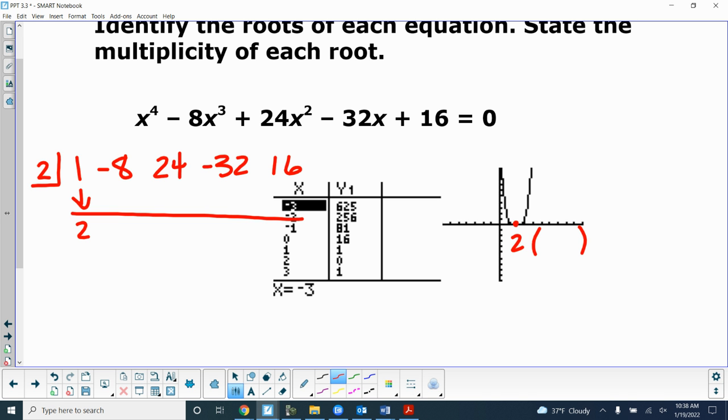So, oops, why did I put a 2 there? Kennedy, what goes under the negative 8? 2. Good. What goes here now, Kennedy? Good. What goes up here? 12. Negative 12. Good. What's this?